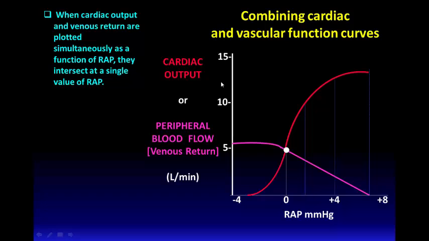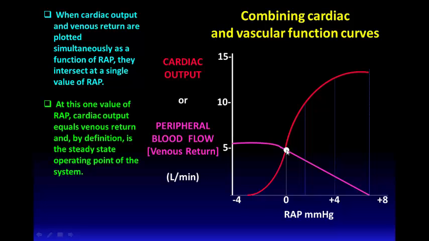When the cardiac output and the venous return are plotted simultaneously as a function of the right atrial pressure, they intersect at a single value of the right atrial pressure. At this one value of the right atrial pressure, cardiac output equals the venous return.